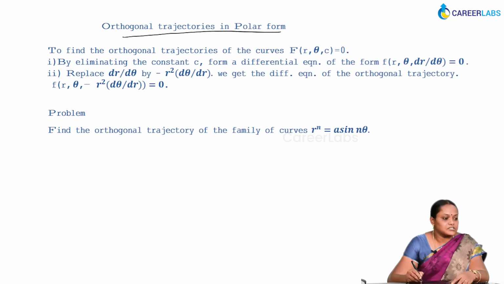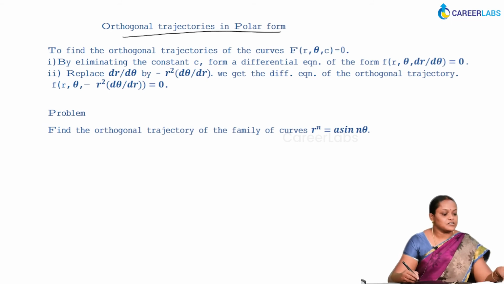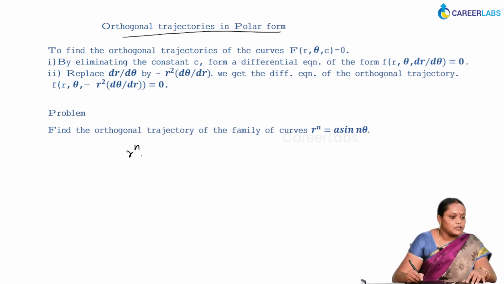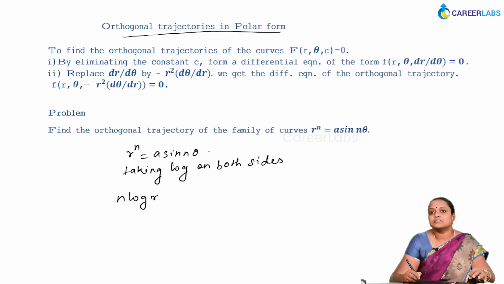Find the orthogonal trajectory of the family of curves r power n is equal to a into sin n theta. Since it is in terms of power of n, we are going to take the logarithm first and then simplify it. Taking log on both sides, we get n log r, because log of r power n is nothing but n log r.